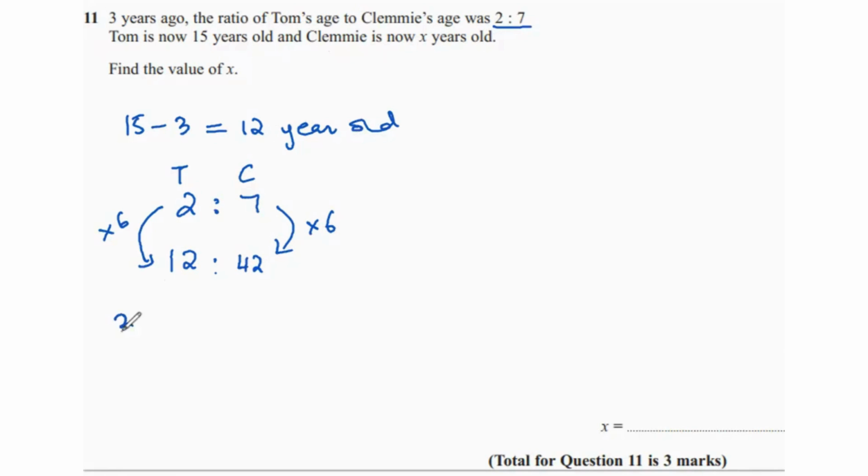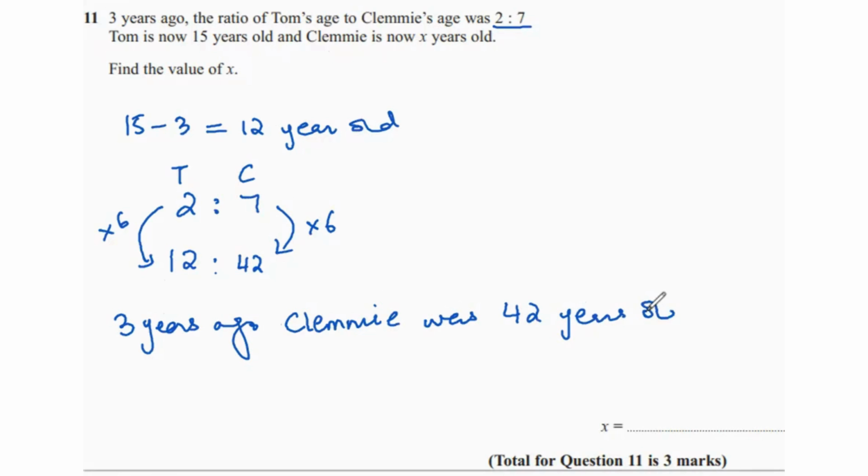So 3 years ago, Clemmie was 42 years old. Please keep in mind that 12 years was his age 3 years back. So now it's going to be 42 plus 3, and that's 45. So right now, Clemmie is 45 years old.